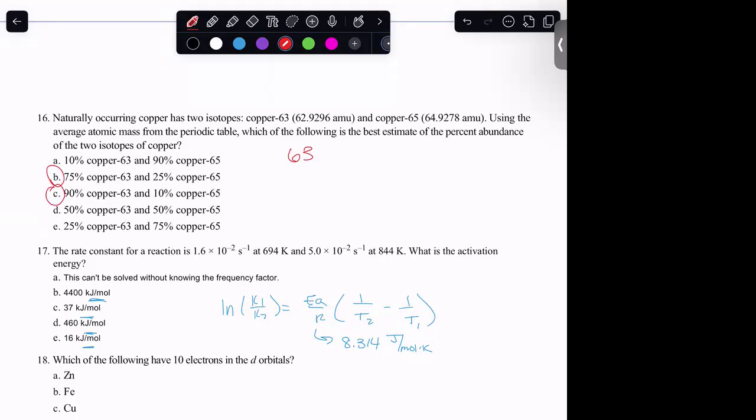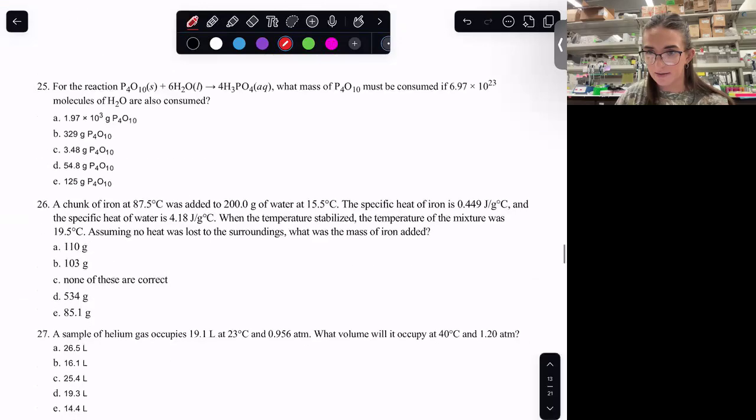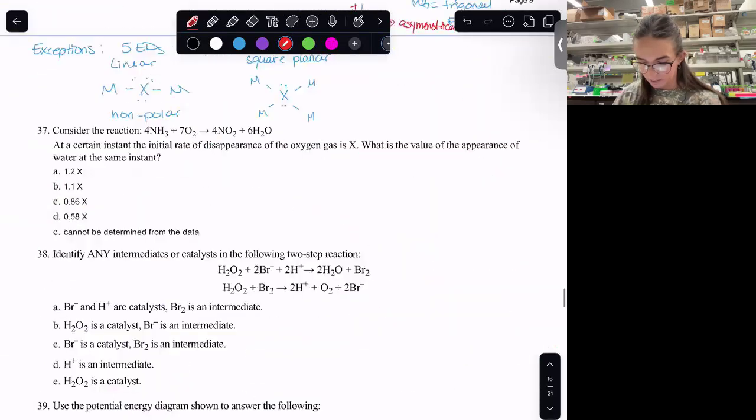Could you give us a rundown on identifying polar molecules versus non-polar molecules? Yep. So that plays into Emily's question as well.